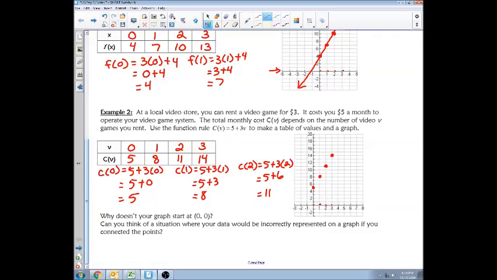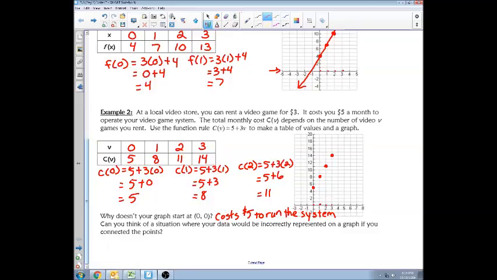The first question it asked on here is, why doesn't your graph start at 0, 0? Well, the reason it doesn't start at 0, 0 is because it costs $5 to run the system. So whether or not I actually rent a game, it's going to cost me $5 to run the system. Can you think of a situation where your data would be incorrectly represented on the graph if you connected the points?